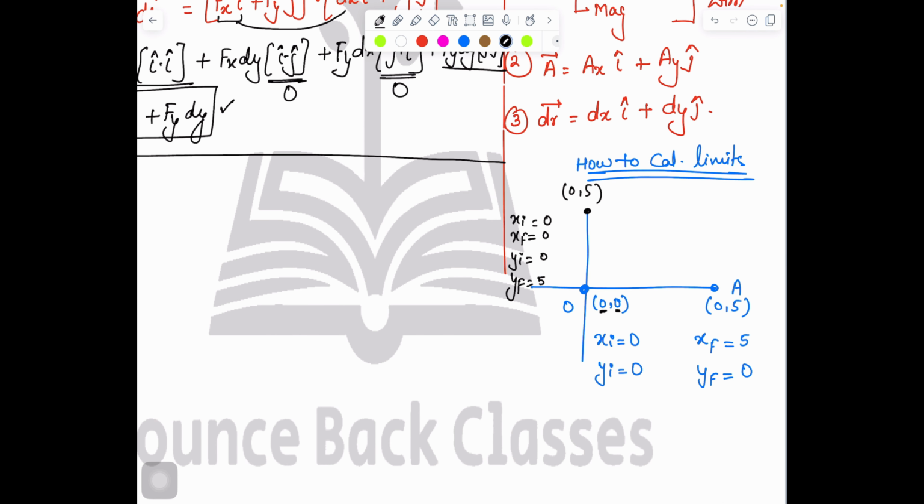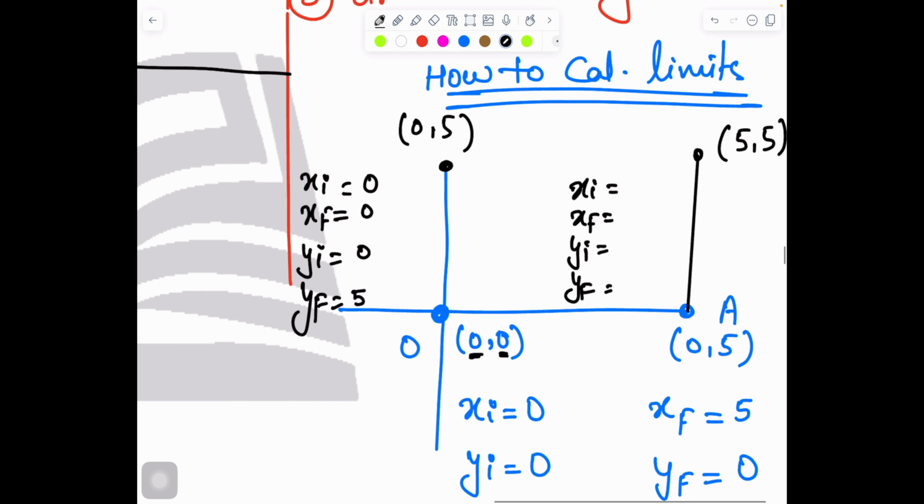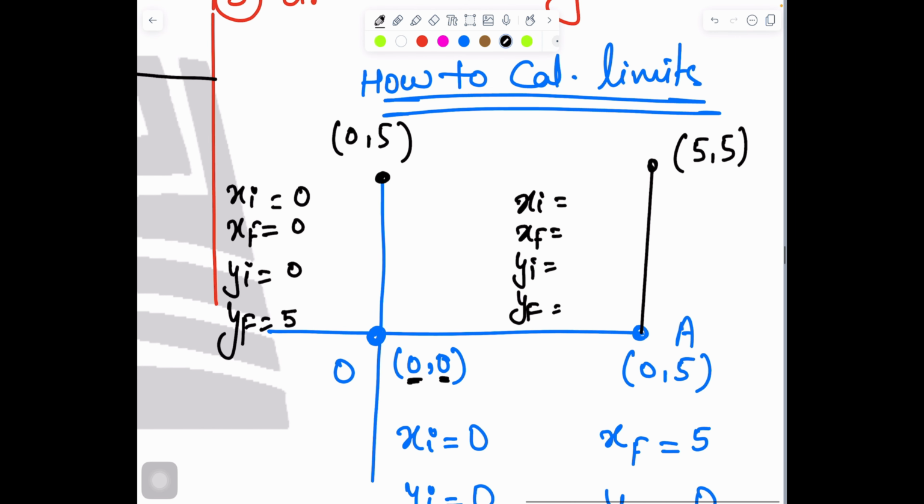Clear? Okay. Similarly, if you move from A to this position, take it, this is your 5 and 5. So I will write it here, xi, xf, yi, yf. Solve them, so that you should know how to solve the limits. X initial is 0, final is 5.